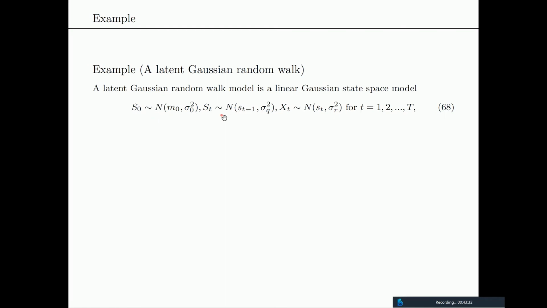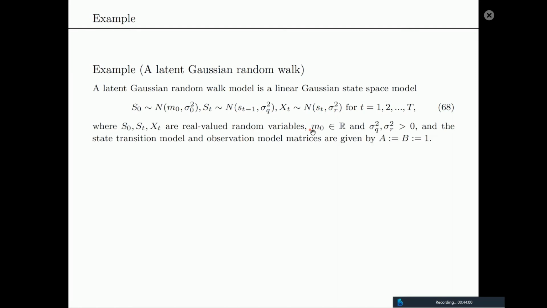So the states are distributed at time point t according to a univariate Gaussian. The A matrix here is just 1. Yeah? So the expectation of the state at time t is just the value of s_{t-1}, then there's some variance, and then the expectation of the observation is the state at t, and there's some variance.